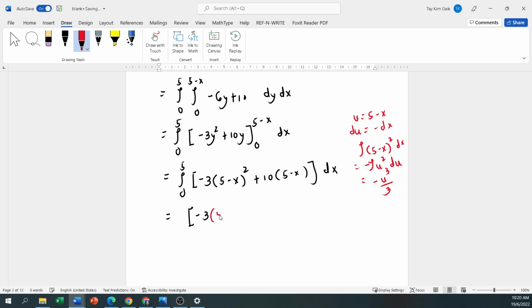That's why this is 5 minus x to the power 3 divided by negative 3. Then this 10 times, similarly, 5 minus x squared divided by negative 2. Similar technique. Or you may want 5x minus x squared over 2, also can.